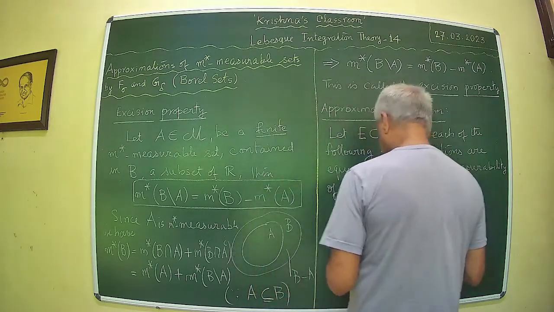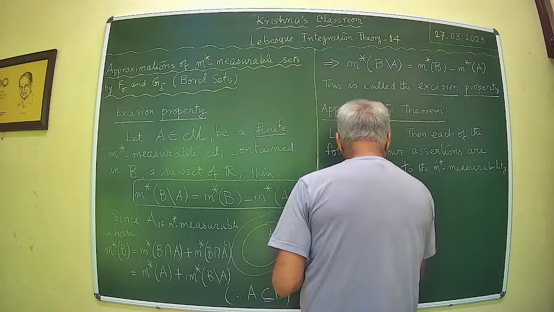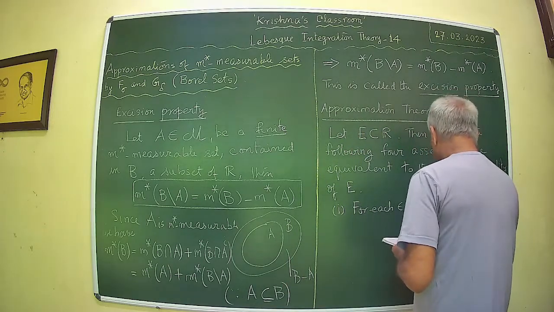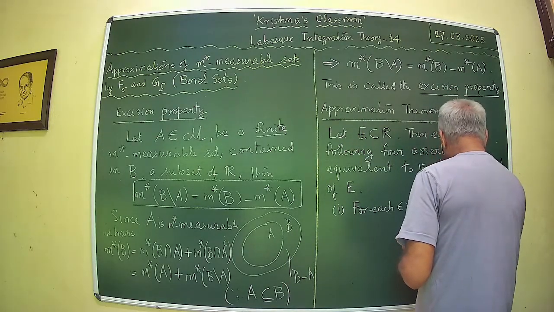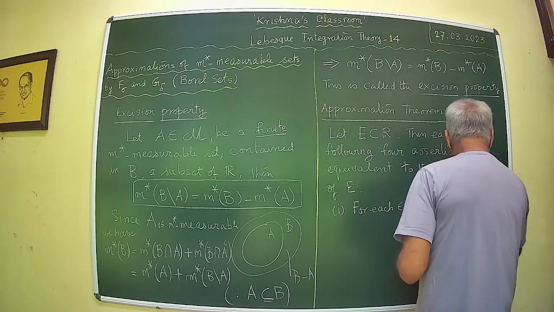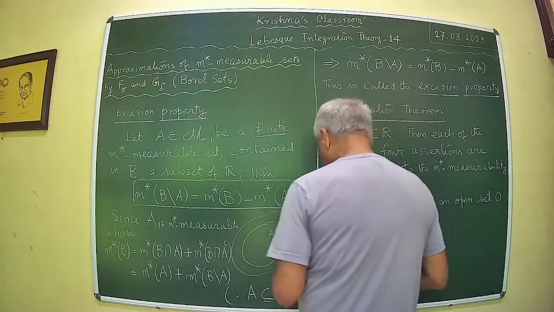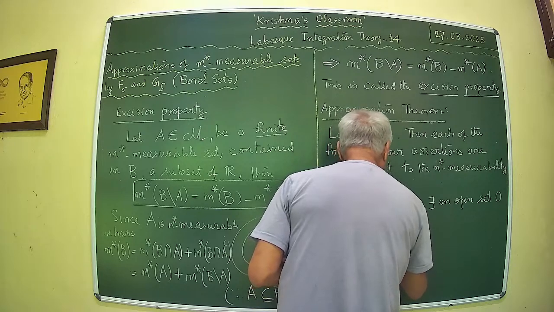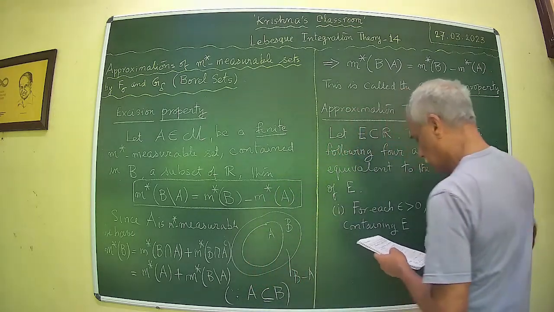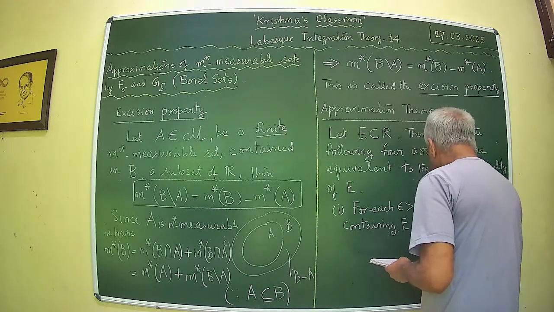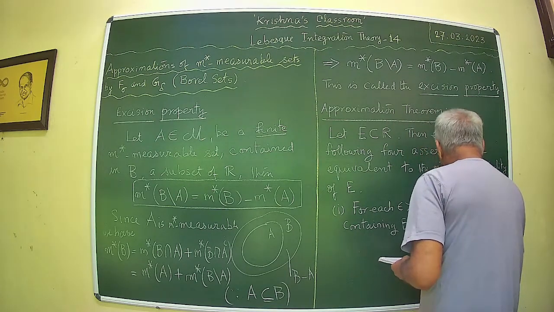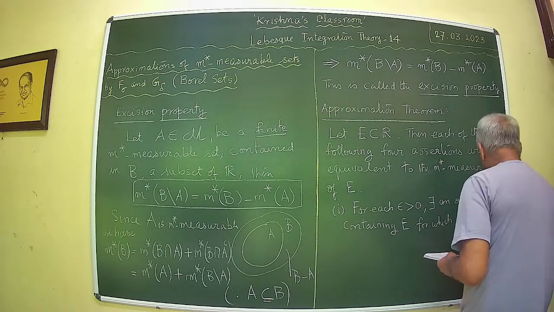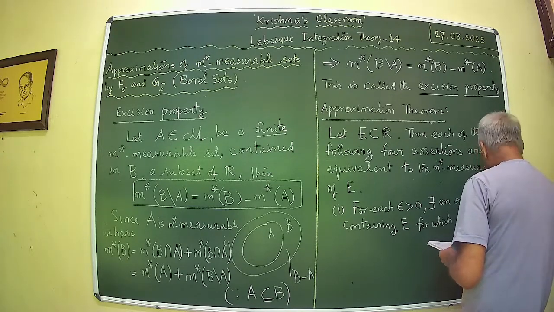The first statement is that for each epsilon positive, there exists an open set O containing E for which M star of O slash E is less than epsilon.